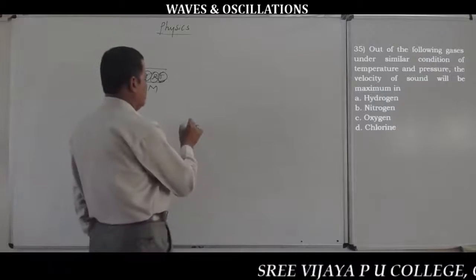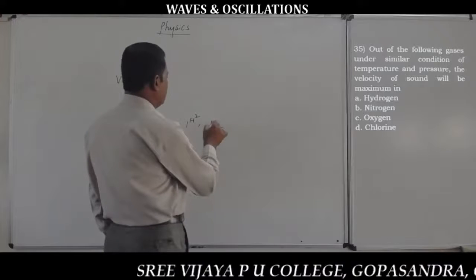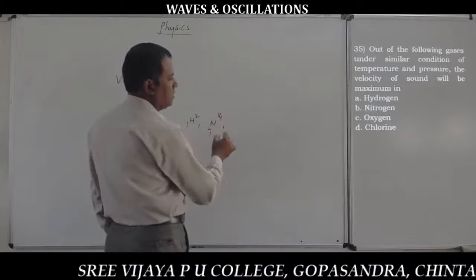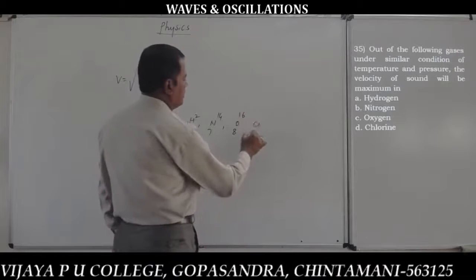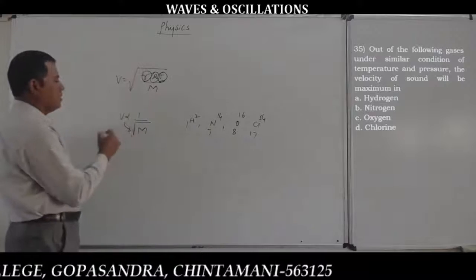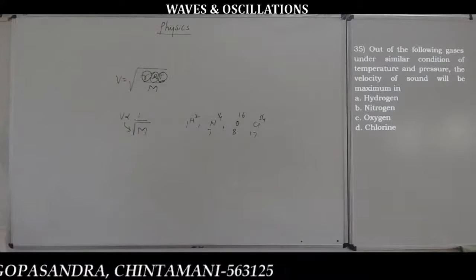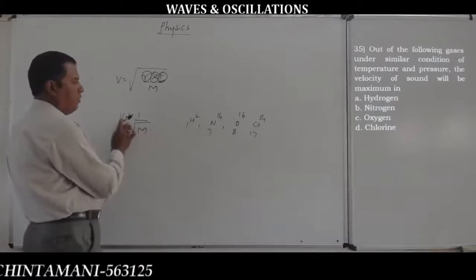Hydrogen gas H2, nitrogen N2 14, oxygen O2 16, chlorine Cl2 34. V is inversely proportional to square root of the mass. If M is small, V will be maximum.